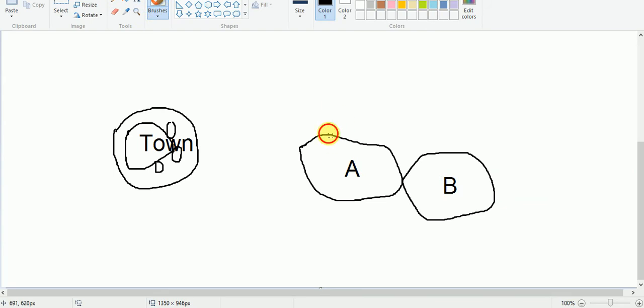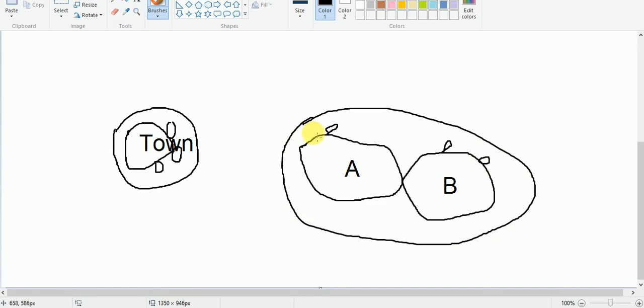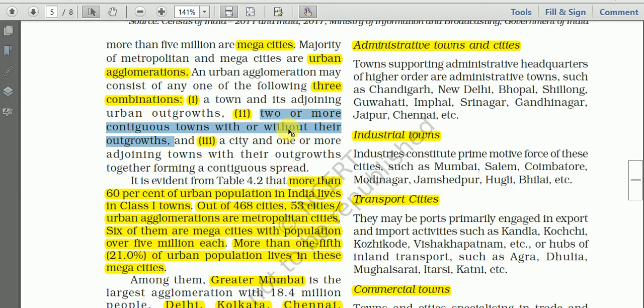Let us say one outgrowth is here and another outgrowth also here. This is the second case, and this is known as urban agglomeration, with or without outgrowths. There may be outgrowths or there may not be, but it is formed by combining two or more contiguous towns.